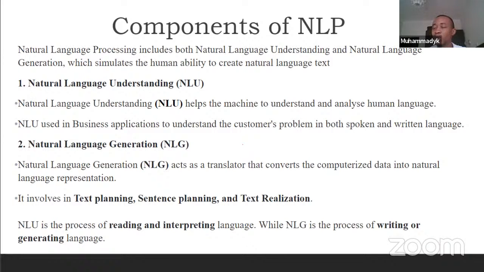Just like I explained earlier, the machine would be exposed to a set of information, yeah, and the machine will be able to read and interpret this information just like the way human beings can sit down and read and interpret information. Natural language understanding is used in business applications to understand customers' problems in both spoken and written language.